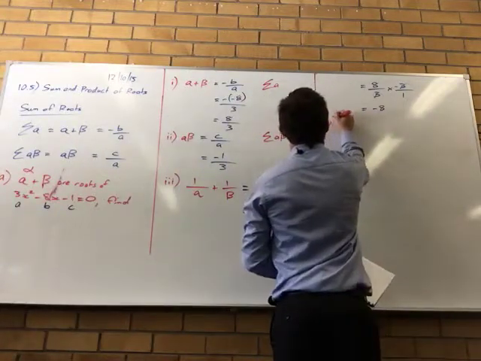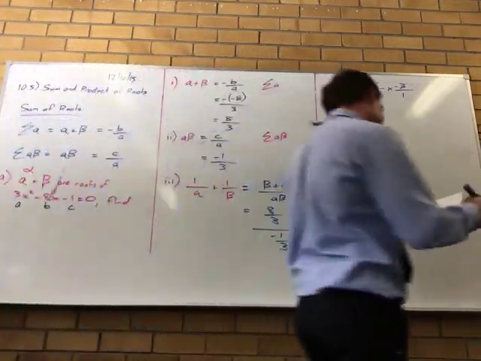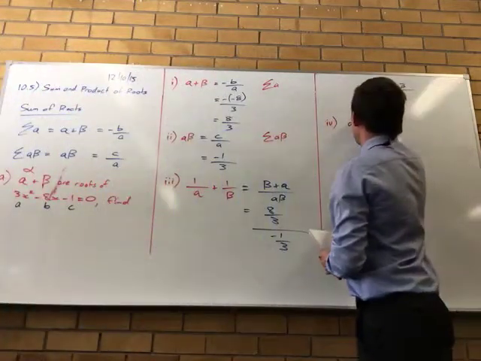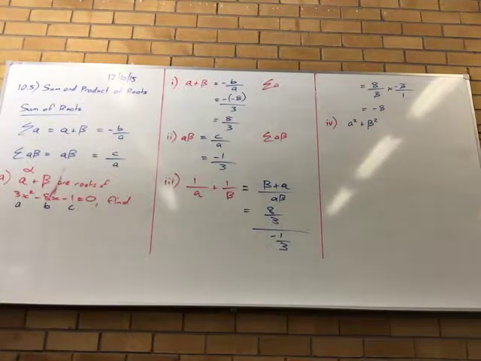Alright, part B. Alpha squared plus beta squared. So if I square both the roots, then I add them together, what's the value going to be? Now, if all else fails, and you don't remember any of this, you can still get all these answers if you work it out the long way.